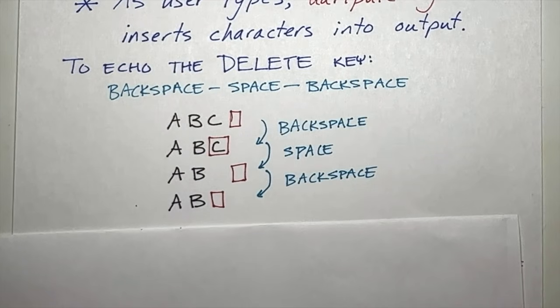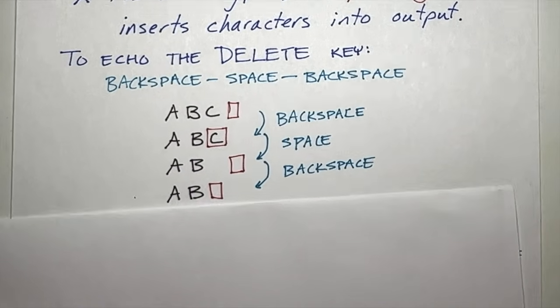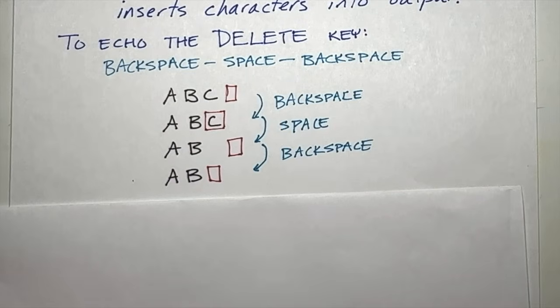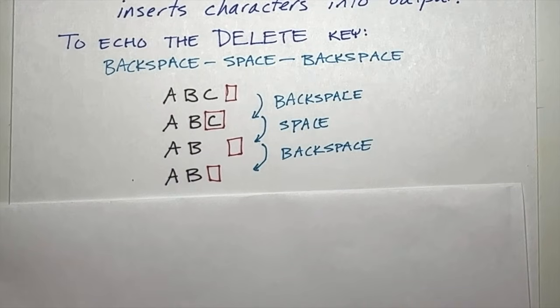Also, for the backspace, space, backspace sequence to function correctly, these 3 bytes must be contiguous without interleaving, and with xv6, this is not guaranteed. So hitting the delete key while other output is being displayed may not work correctly in xv6.